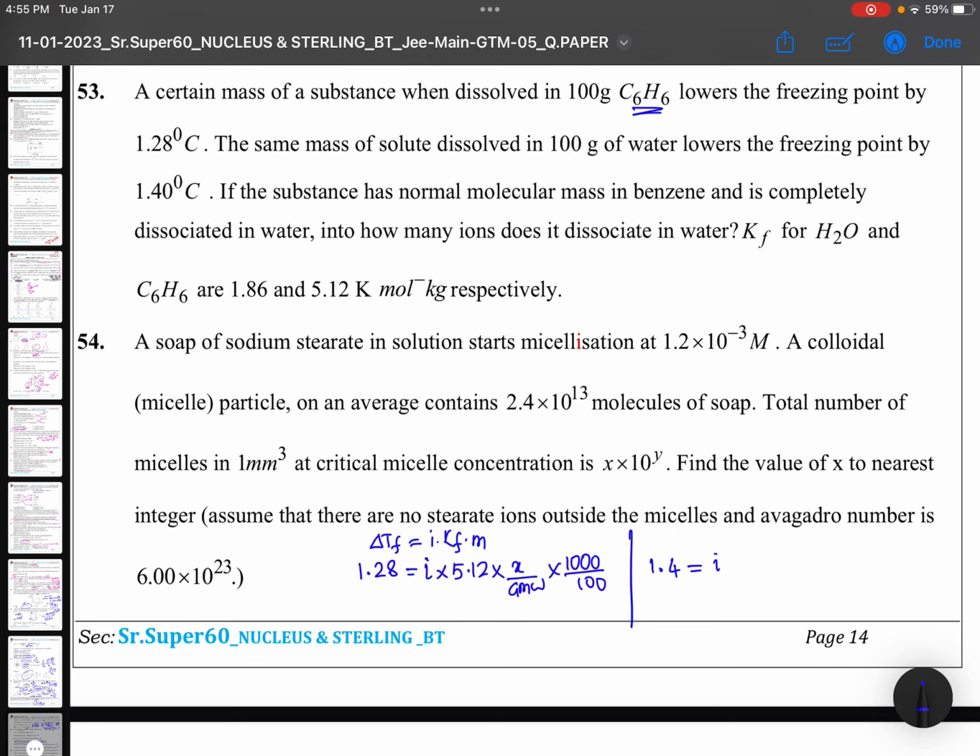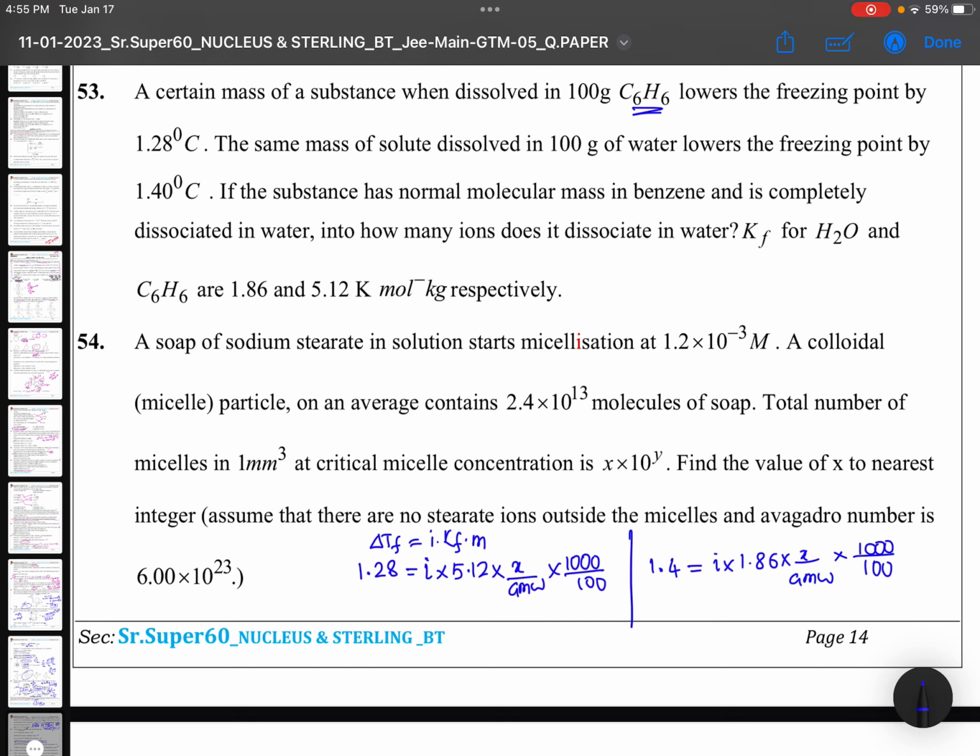Here also i we don't know. Into 1.86 into x by gram molecular weight into 1000 by 100.